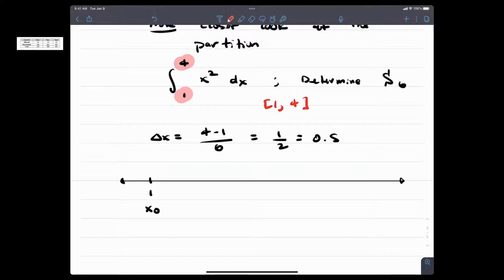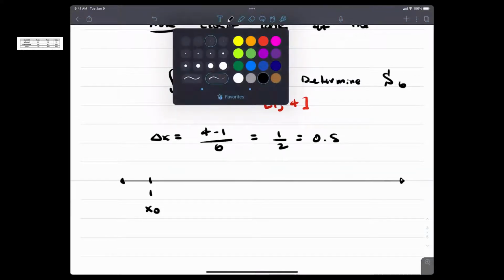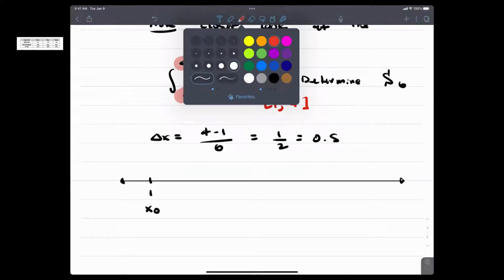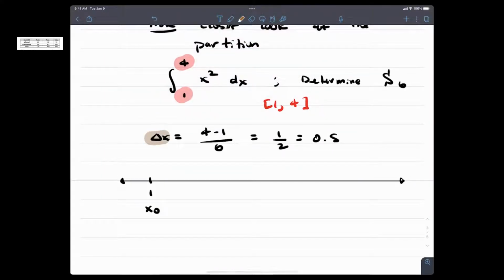So you start at 1. That's an important thing. I've seen students miss this question because they didn't know where to start for the partition. Right? You always start with that a value, and it's going to be 1. And then, you know what you guys use? You use your delta x of 0.5. So the next point will be what? 1.5. Keep adding your delta x, and then that's going to be a 2.